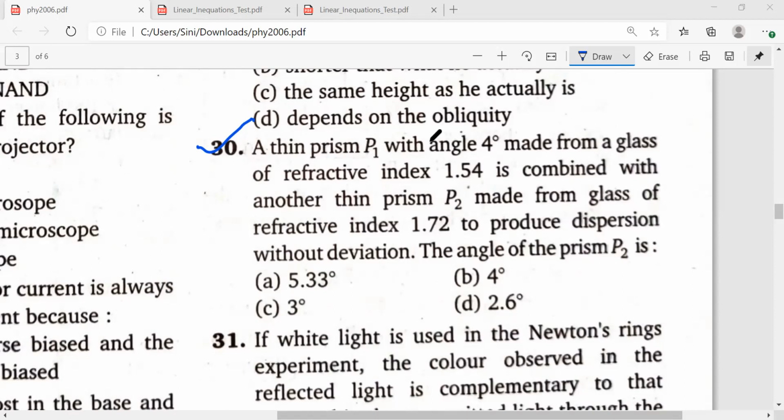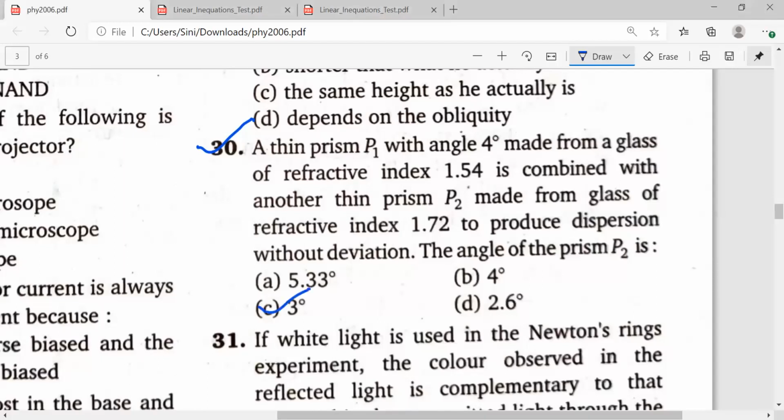Is there anyone who does not know how to do this? Let me know this. C. Okay, so option C is the correct answer, 3 degree.